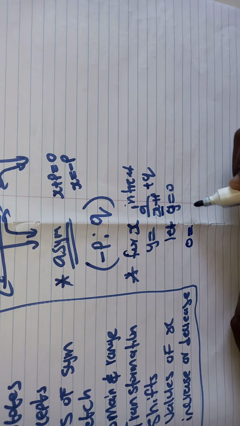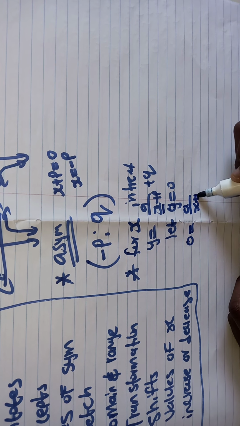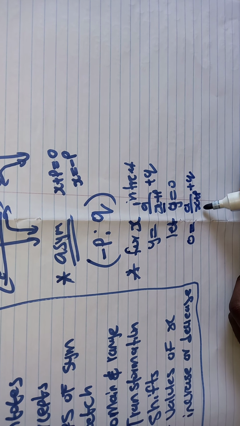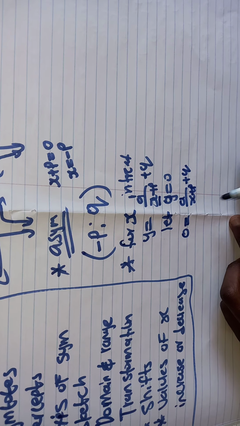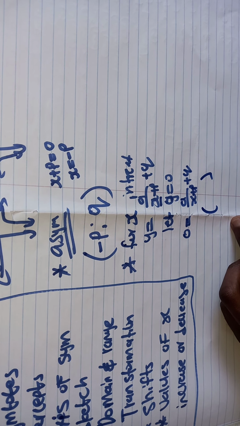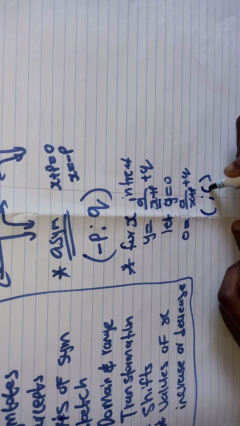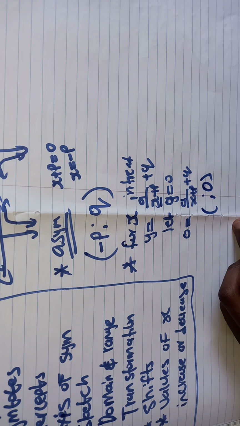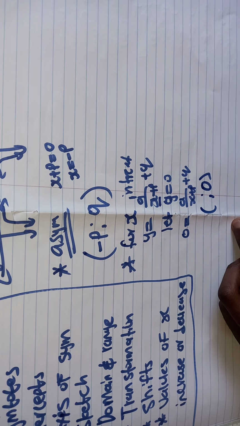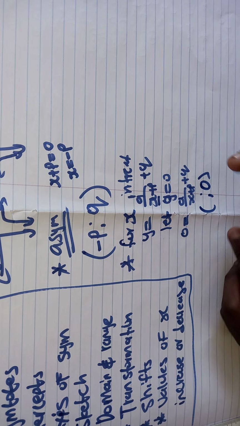We're gonna have 0 equals a over (x plus p) plus q, and then we're gonna find our x. On the x intercept our y value equals 0, and for x you're gonna find it.